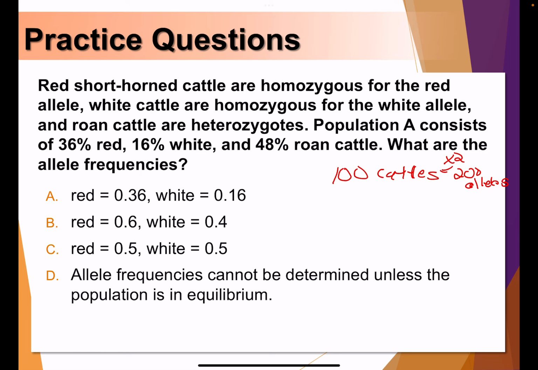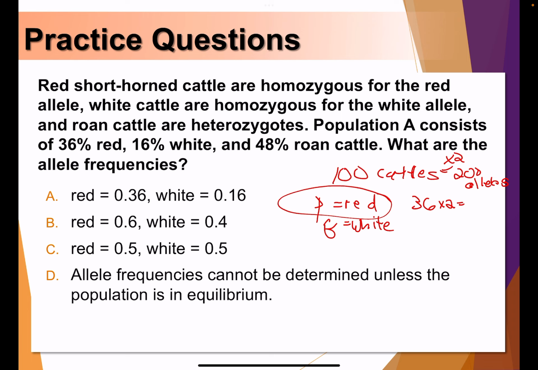So let's say P is equal to red, Q is equal to white. And so you have P being red alleles, you have 36 that are red, and then times 2 for the 2 alleles which make them red.